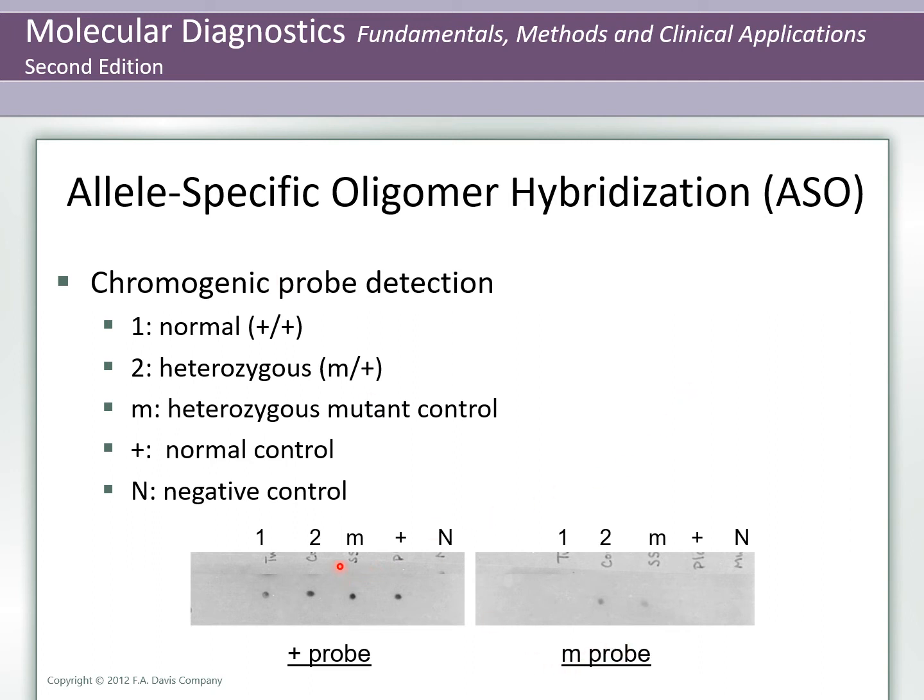So here you can see in lanes 1 and 2 are patients, in which 1 is a normal patient, and 2 is a heterozygous with a mutant and normal probe detected. M is the heterozygous mutant control, and plus is the normal control, and negative has no probe detection since it's the negative control.